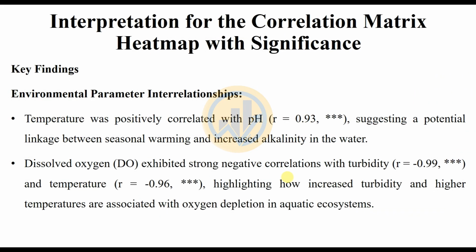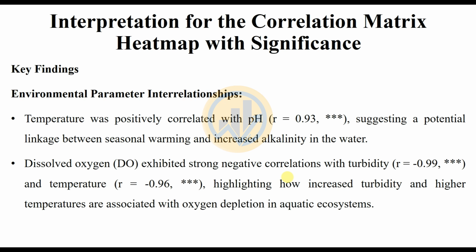Environmental parameter interrelationships. Temperature was positively correlated with pH, R is equal to 0.93, suggesting a potential linkage between seasonal warming and increased alkalinity in the water.